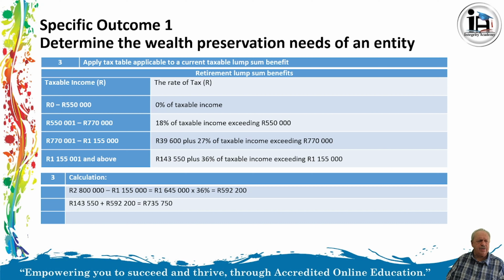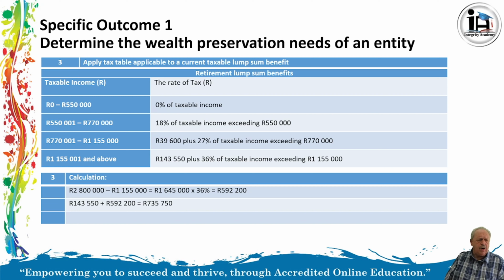And that 39,600 is carried over from the previous rate table of 550 to 770. And then on the next rate table, 1.155 million and above, they've transferred both the 550 to 770 and 770 to 1,155 tax onto this one. So it's 143,550, and anything that then exceeds the 1.155 million is taxed at 36%.